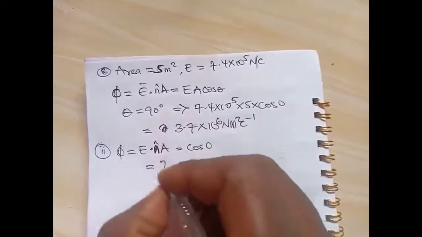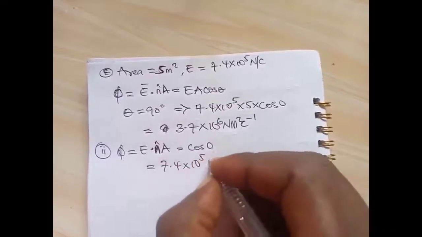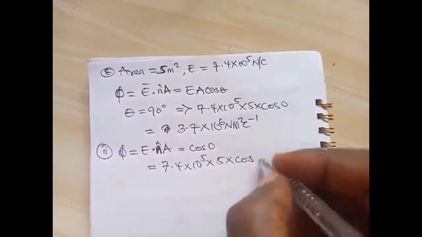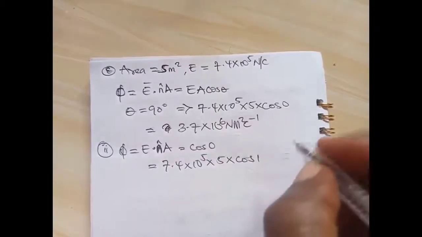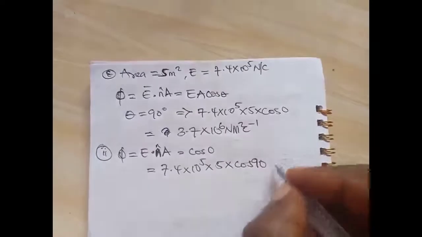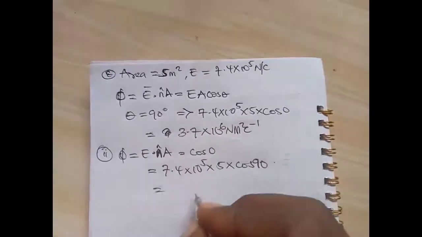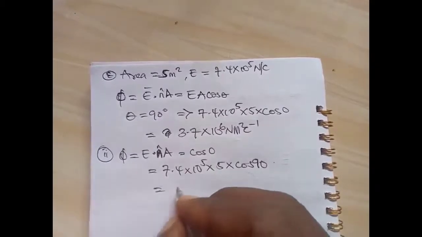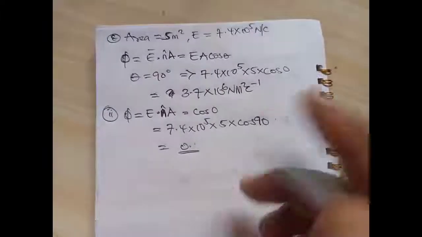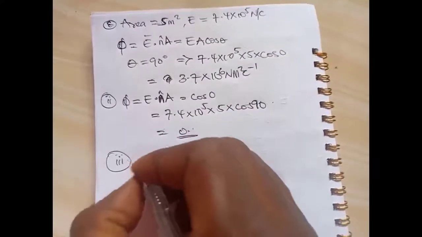So we'll have 7.4 times 10 raised to power 5 times 5 times cos 90. If we press it, cos 90 is 0, we're going to get 0 Newton meter squared per coulomb.